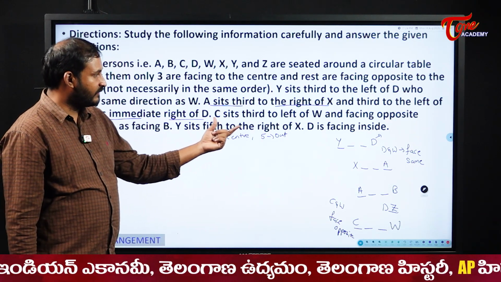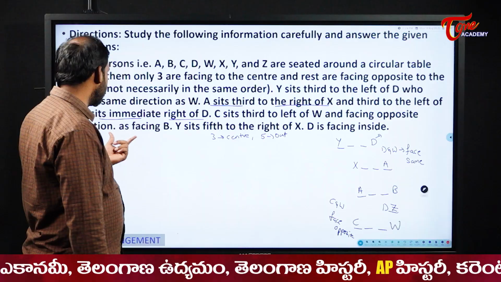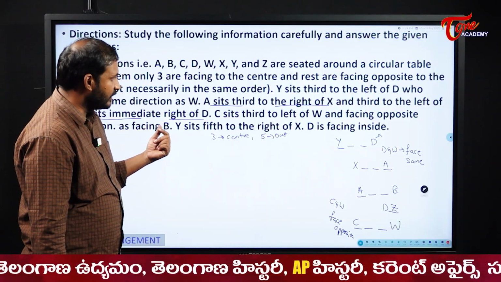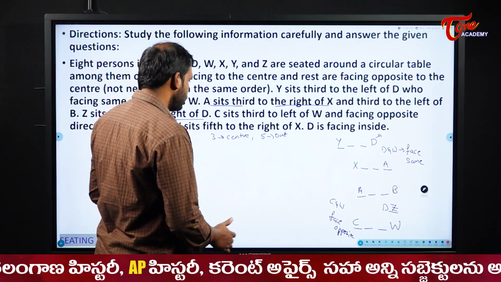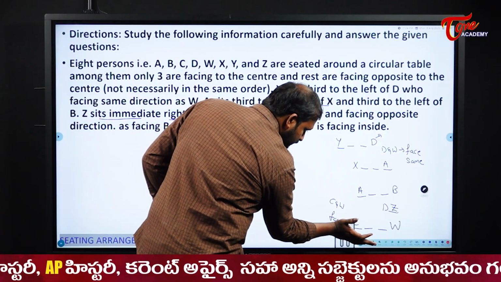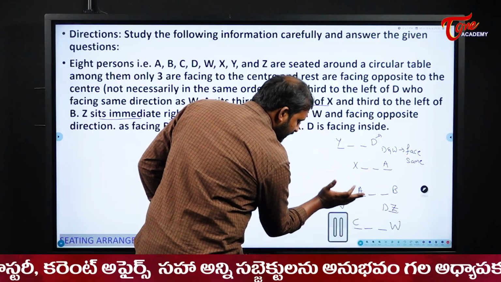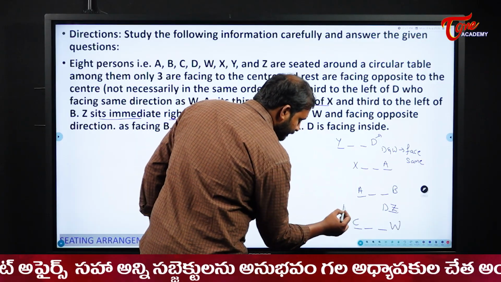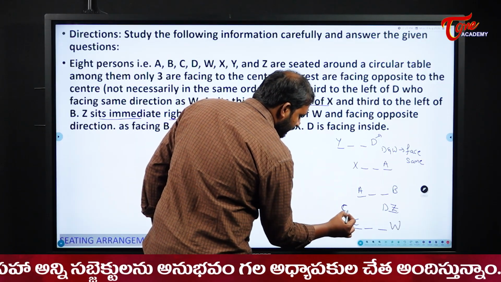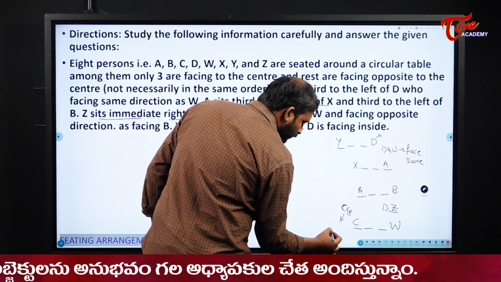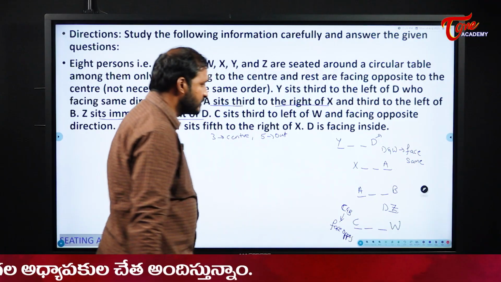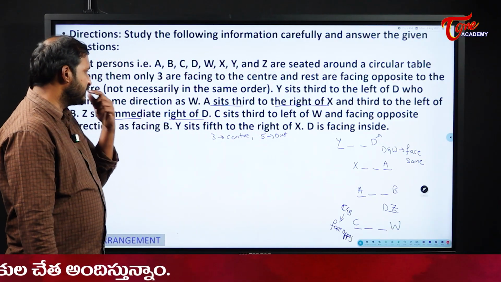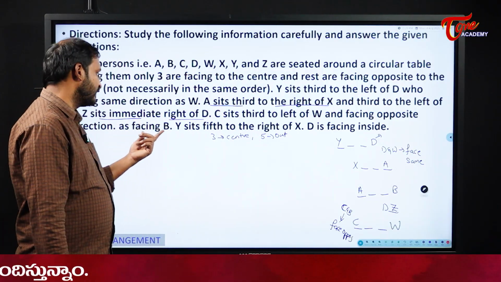Actually, C sits third to left of W and facing opposite direction as B. Not C and W, C and B. C and B face opposite directions.